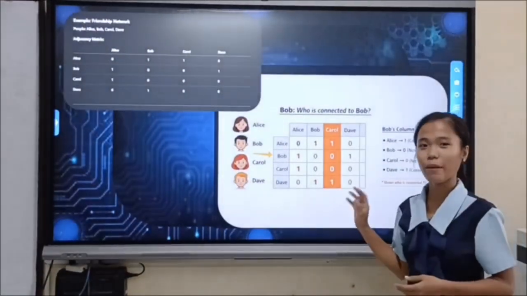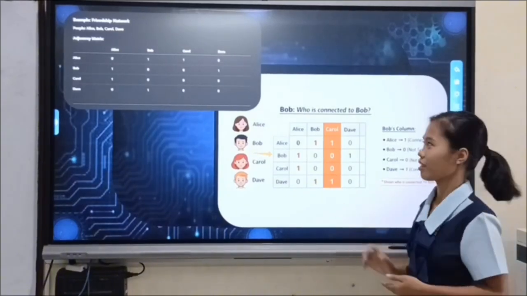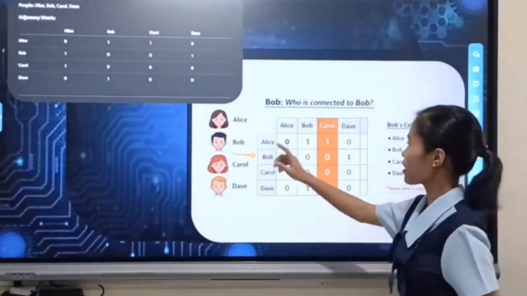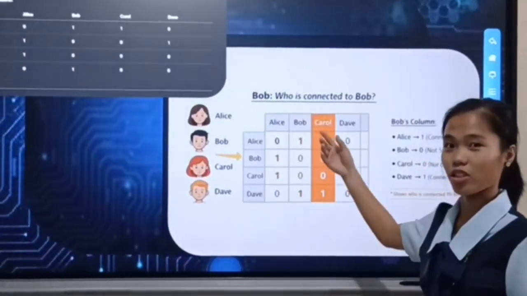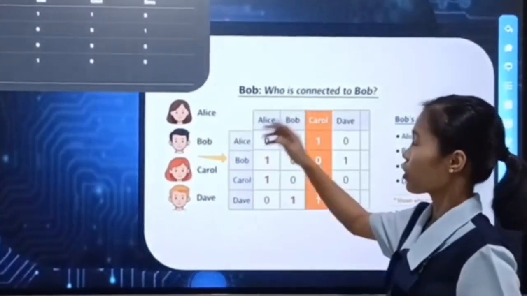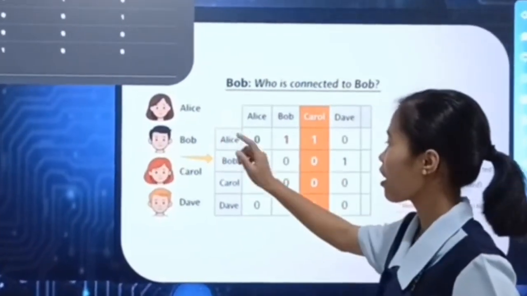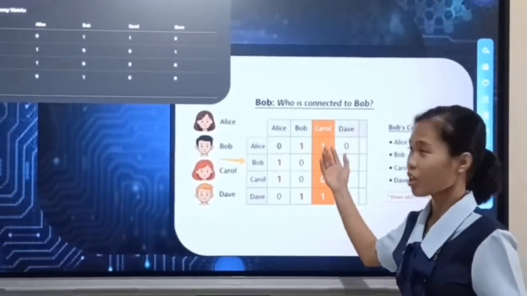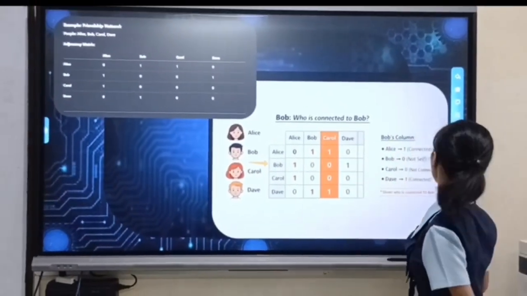These are two examples of an adjacency matrix. Here is a column which has vertices and edges, which are the numbers. In the vertices, we have Alice, Bob, Carol, and Dave. So there is a question: who is connected to Bob?